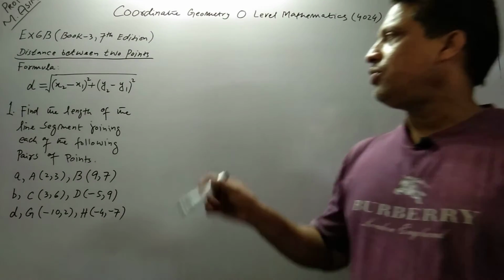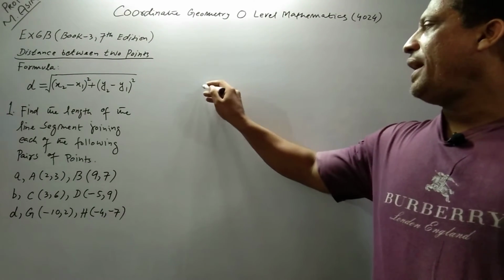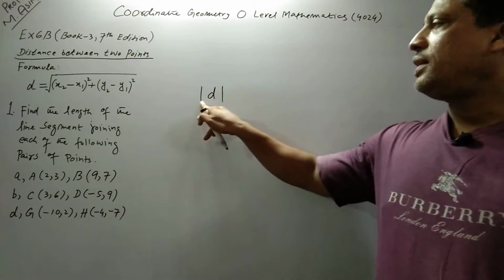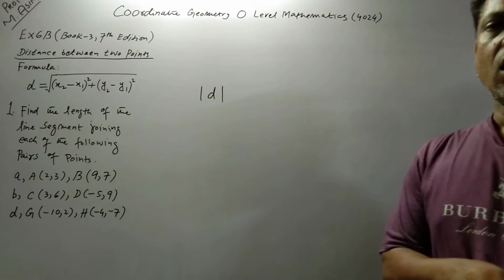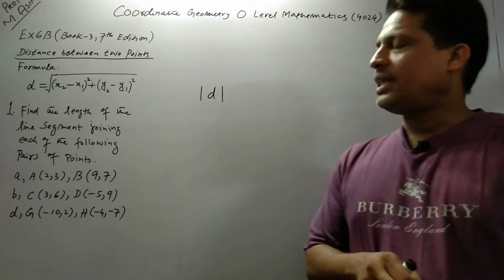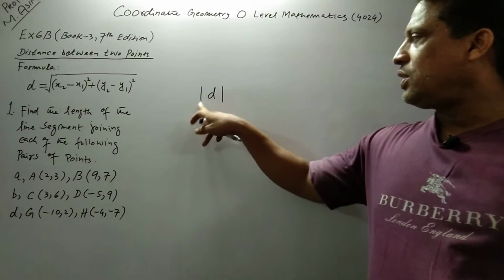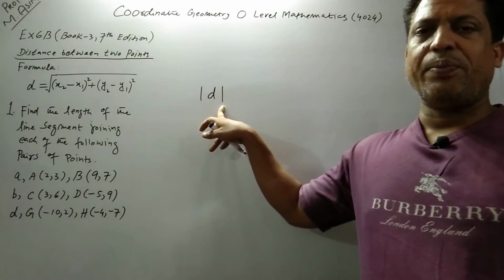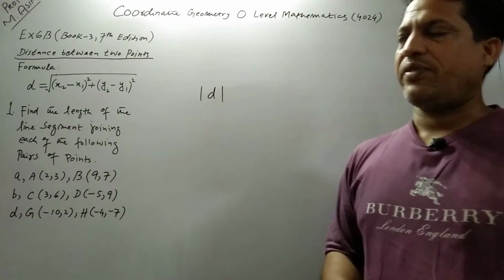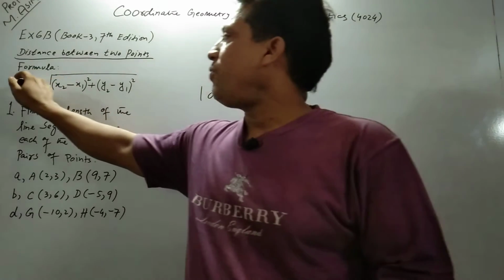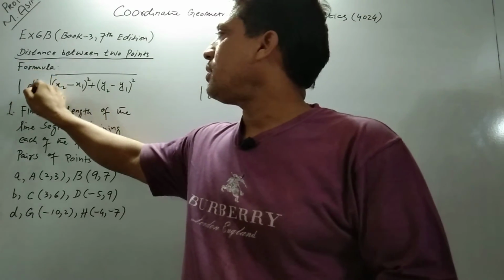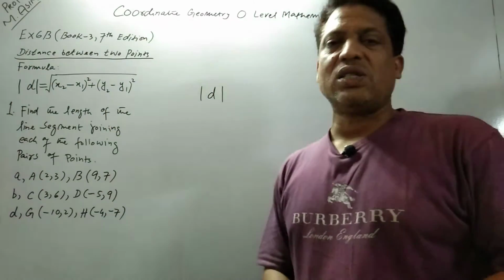So we have to apply this sign, the modulus sign, these two lines, which represent that the value is always positive. Therefore, we have to apply these two lines because distance is always positive.